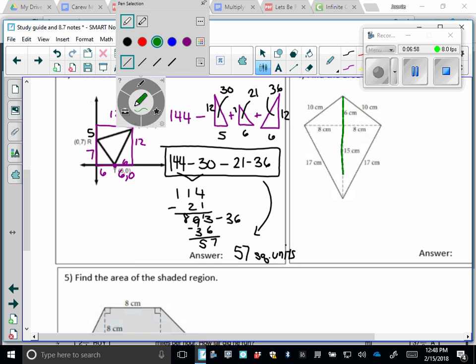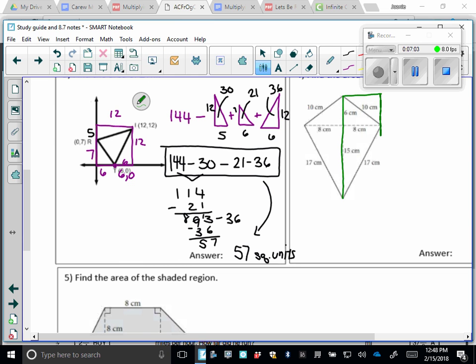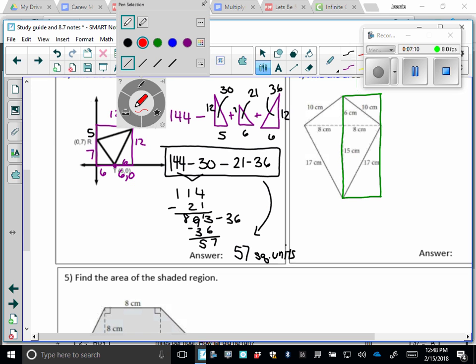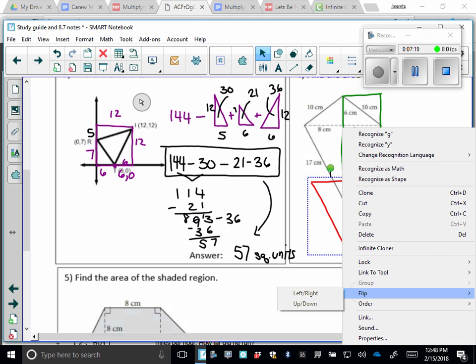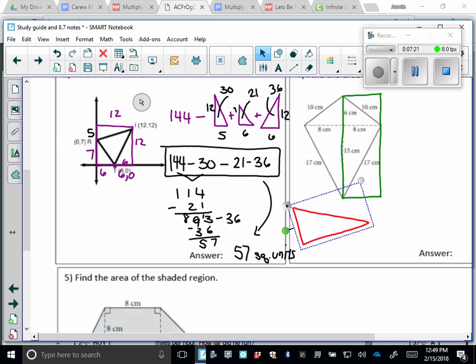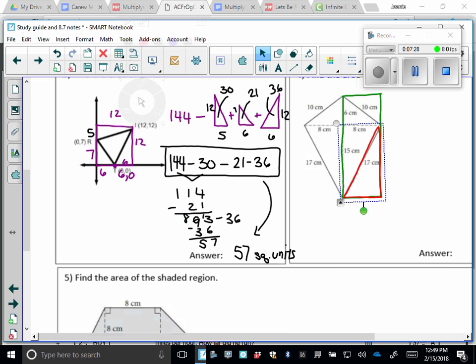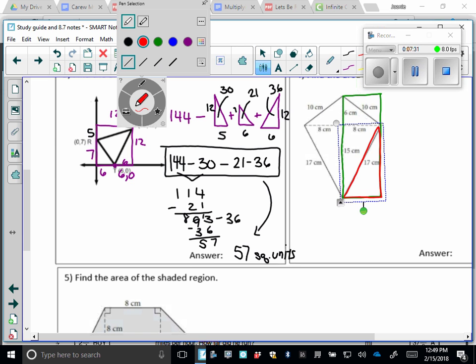And if you think about the kite here, and look at this rectangle here, if you could just visualize that this triangle, if I were to take it out of the picture and rotate it and flip it, it fits perfectly in there, as does this top triangle.